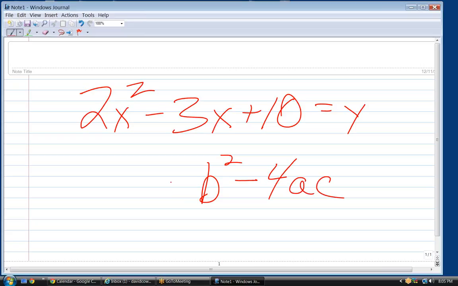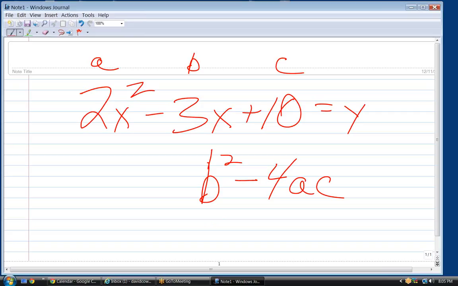It's not with the radical, it's the part that's under the radical. Okay, so what is b squared? 2x squared? No, this is the b, this is the a, this is the c. Oh, okay. So the b squared is the negative 3x. Just the coefficients.